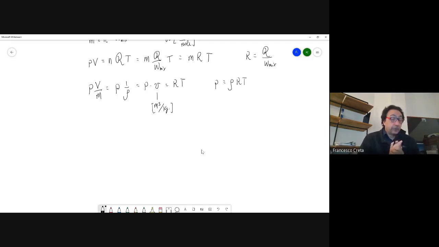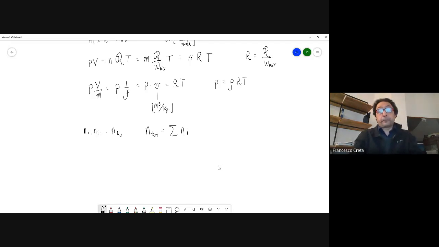A mixture is composed of n species, so n1, n2, etc., up to ns, for example, number of species. This is the number of moles of each species. So there's also a total number of moles, which is nothing else but the sum of each species.